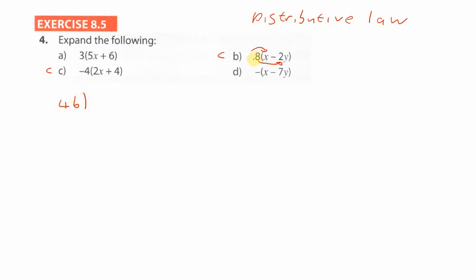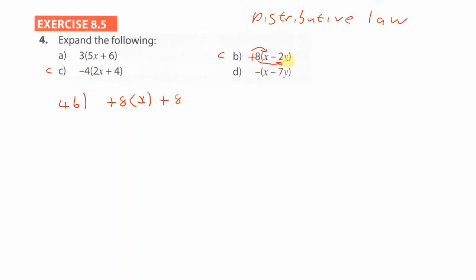So the strategy is you take what's in front of the brackets. In this case, if there is nothing in front, it means it's a positive. So we have positive 8. We multiply, because brackets means multiply, by the first term. The first term is an x. Then we take again what's in front of the brackets. There's a positive if it's invisible, so we have positive 8.